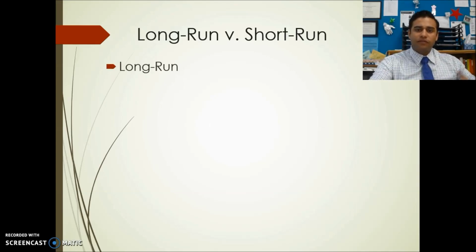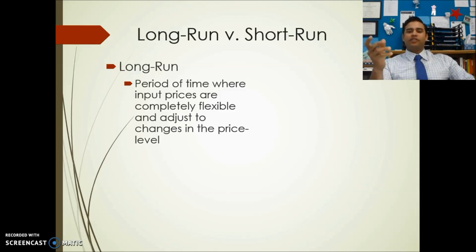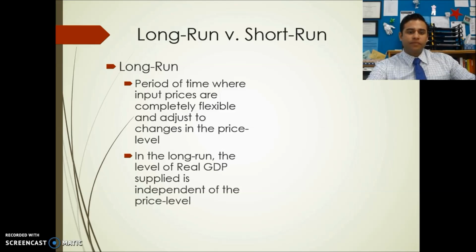So let me give you now some words to define this. The long run is a period of time where input prices are completely flexible and adjust to changes in the price level, right? The period of time that it takes to adjust those wages, to adjust those contracts. In the long run, the level of real GDP supplied is independent of price level.